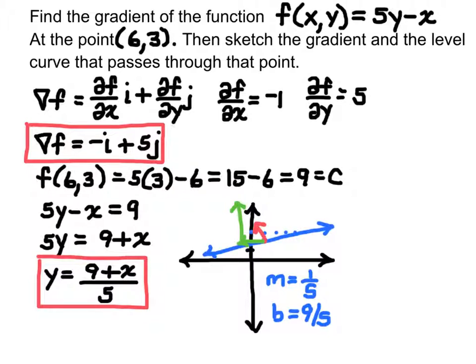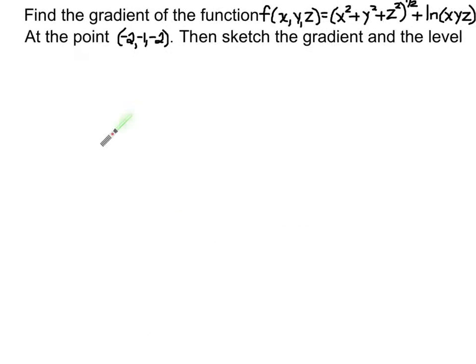Let's try another example. In this example, we're going to find the gradient of the function with respect to x, y, and z at the point (-2, -1, 2).